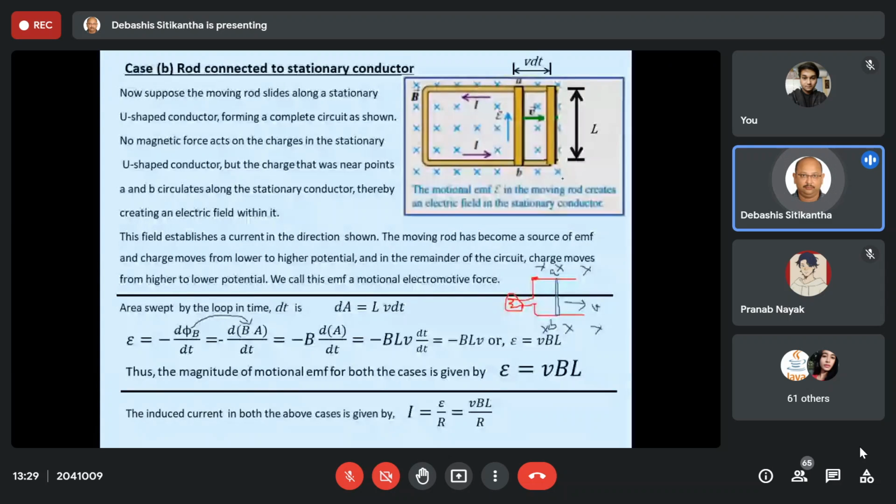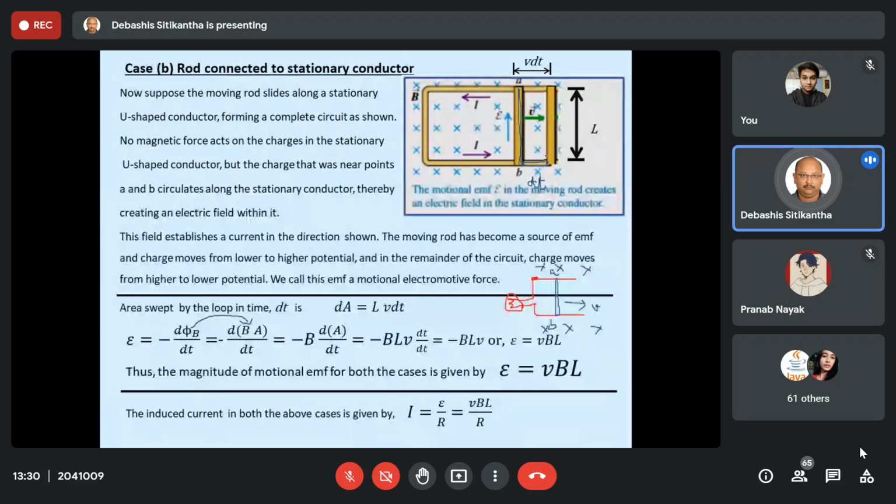Here, dA means a differential change in the area. Previously the conductor was over here, and in time dt, I have moved this conductor by a distance of v into dt, because velocity into time is equal to the distance covered. As you can see, this is the length of the conductor and this is the breadth, or distance by which the conductor has moved. So the length is constant, but the breadth is changing. That means the area that is covered is going to change.